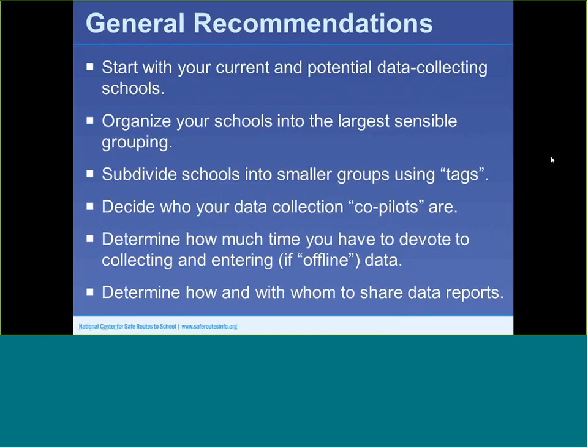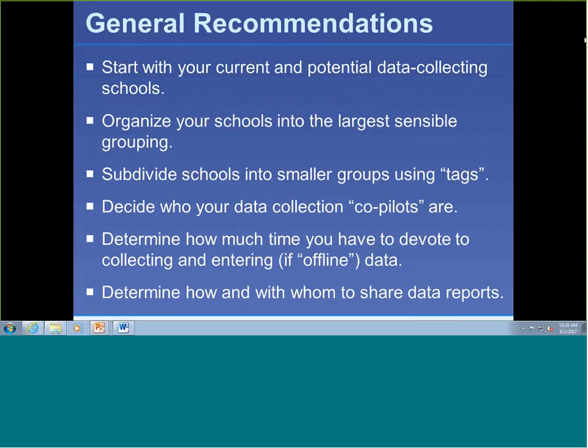So I guess the takeaways for many of you, and certainly people that have used this system before too, just some considerations, are to think about the current and potential data collecting schools and really trying to think about how they should be organized. And our recommendation is that you organize the schools in the largest sensible group.